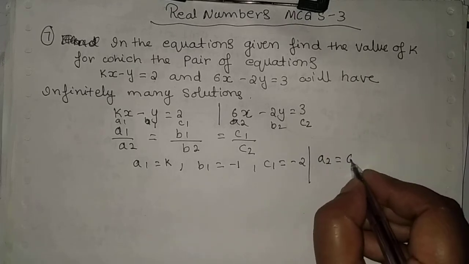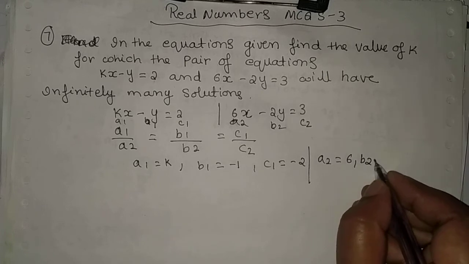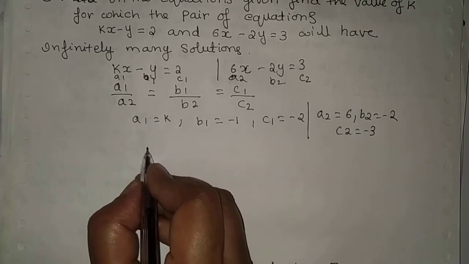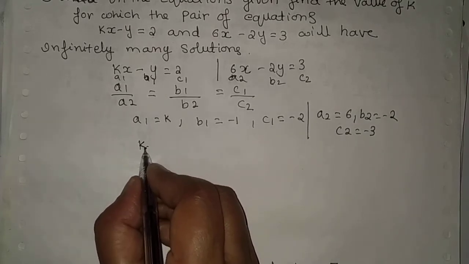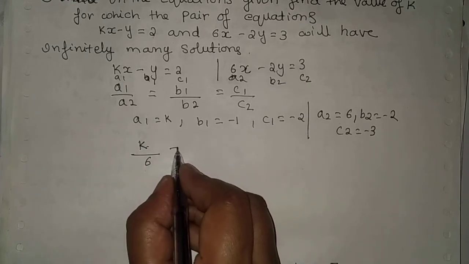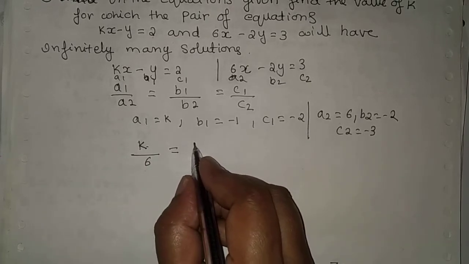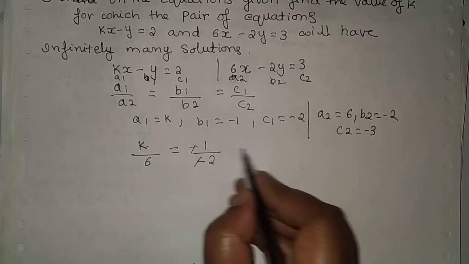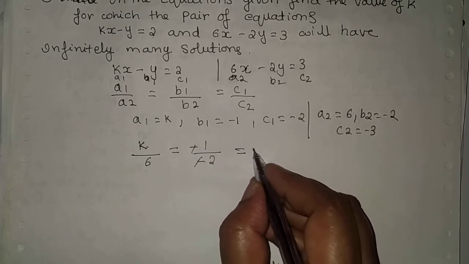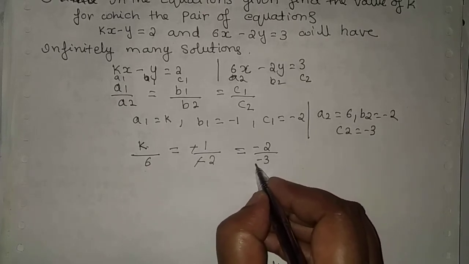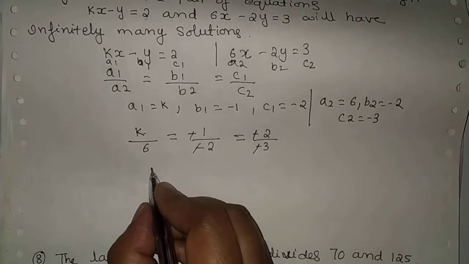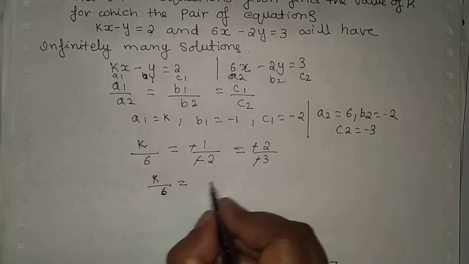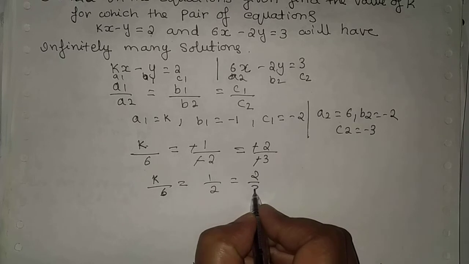Similarly a2 is equal to 6, b2 is equal to minus 2, c2 is equal to minus 3. Now substituting in this equation, k by 6 is equal to minus 1 by minus 2, the minus cancels, is equal to c1 is minus 2, c2 is minus 3. So we are getting k by 6 is equal to 1 by 2 is equal to 2 by 3.